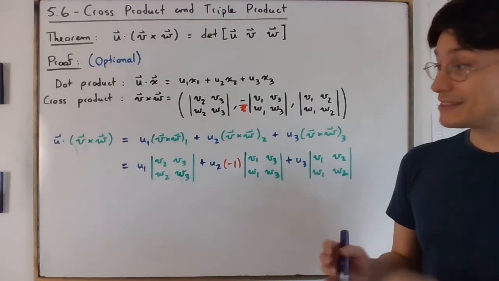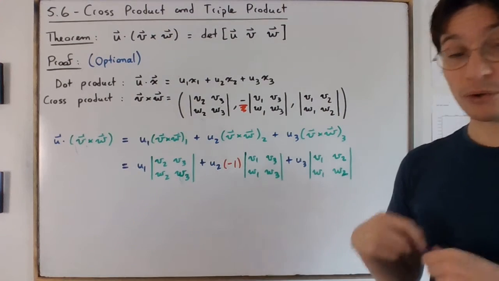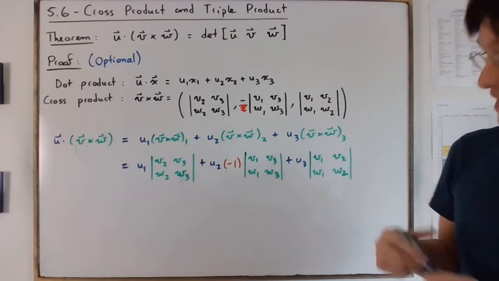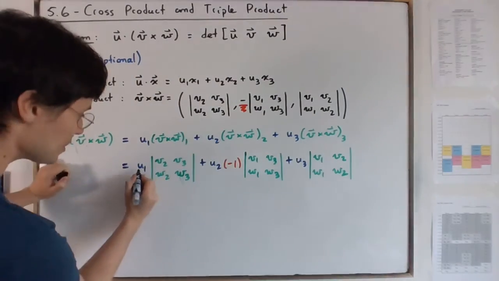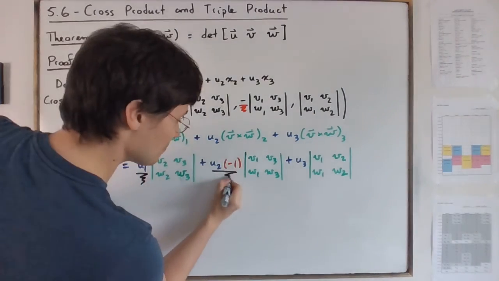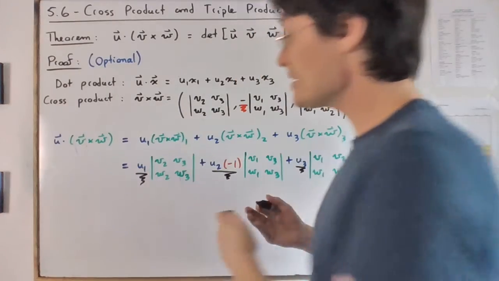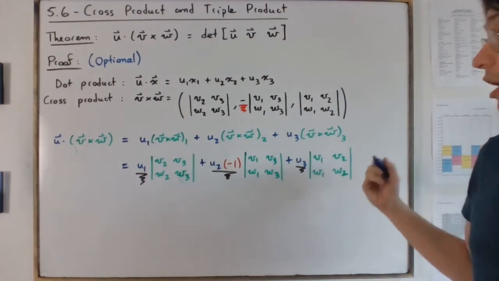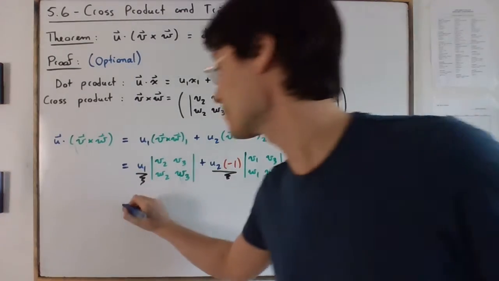Now the idea is really, really simple. I will underline all of these things, let's say in black. What I want you guys to see is that this is actually the cofactor expansion of the following determinant.